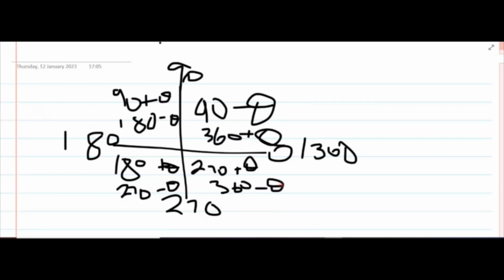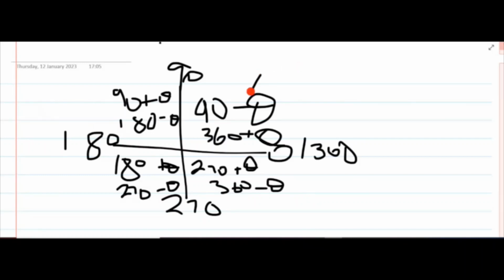Then I'm going to tell you something, memorize it because it's going to help you a lot. It helps you solve trigonometric identities, everything that we do in trigonometry: All Students Take Care. Each word belongs to a quadrant, starting from quadrant 1.